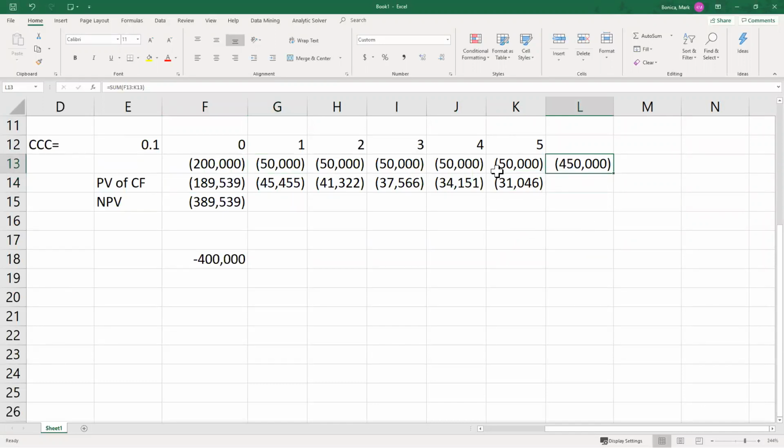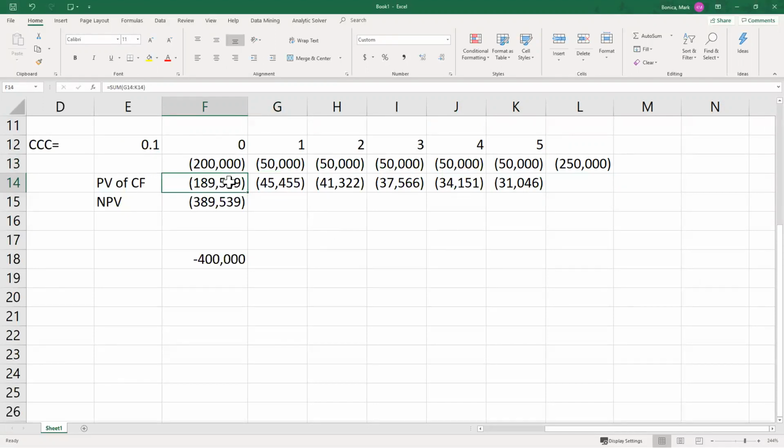Because the sum of these 5 payments, as we demonstrated a minute ago, is $250,000. So if the firm is able to take the $200,000 and invest it, and then make those payments, that $250,000 to the firm is actually only going to cost them $189,000.